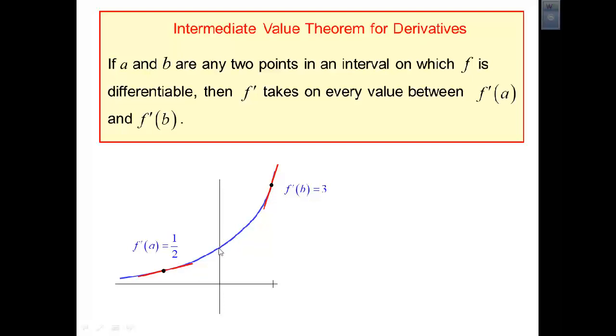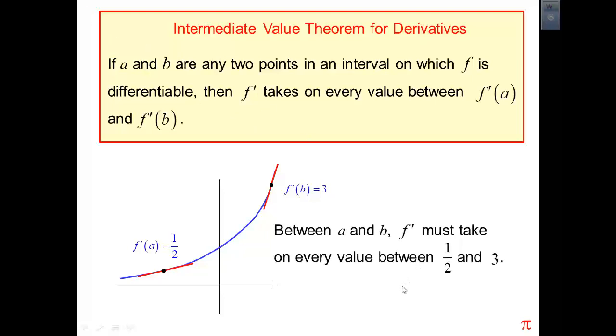Once again, this is one of those existence theorems where it tells you that it exists, and then it says, well, okay, you can go find it, or find where that happens. So in this example here, between A and B, f prime must take on every value between 1/2 and 3.